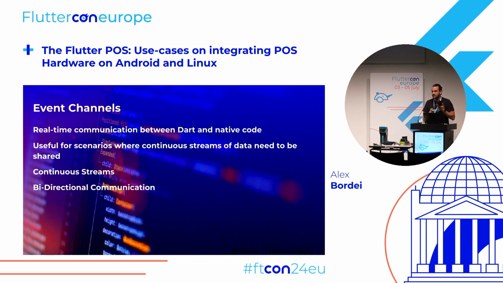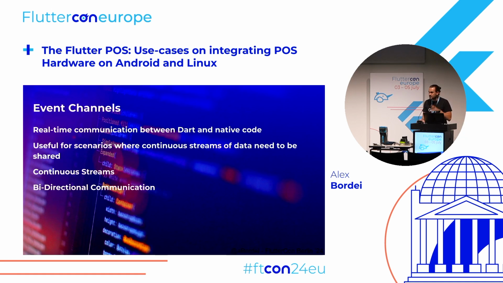In Flutter, I start the barcode listening and I want to catch the event when the barcode is scanned. For this I cannot use a method channel. I should use an event channel, which is more for real-time communication and useful for scenarios where a continuous stream of data needs to be shared.